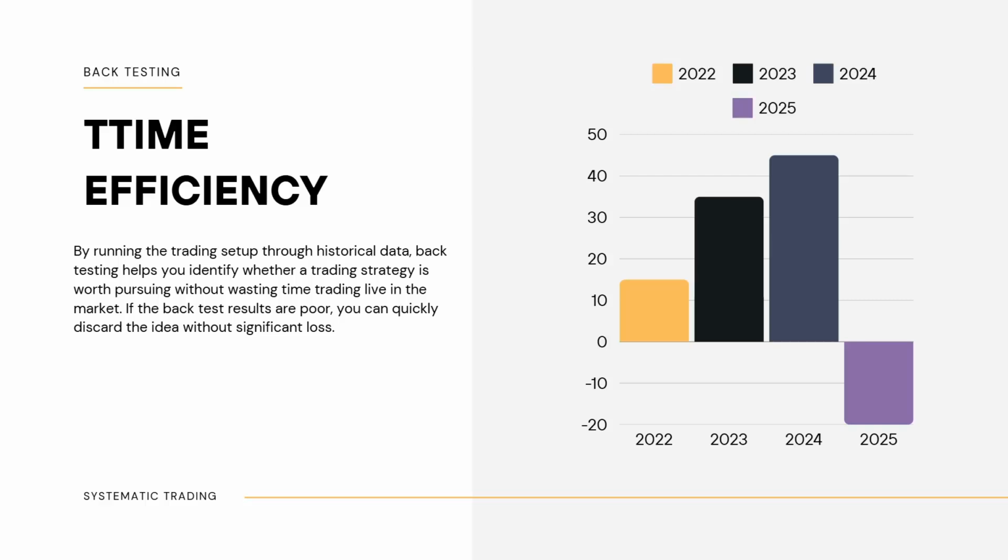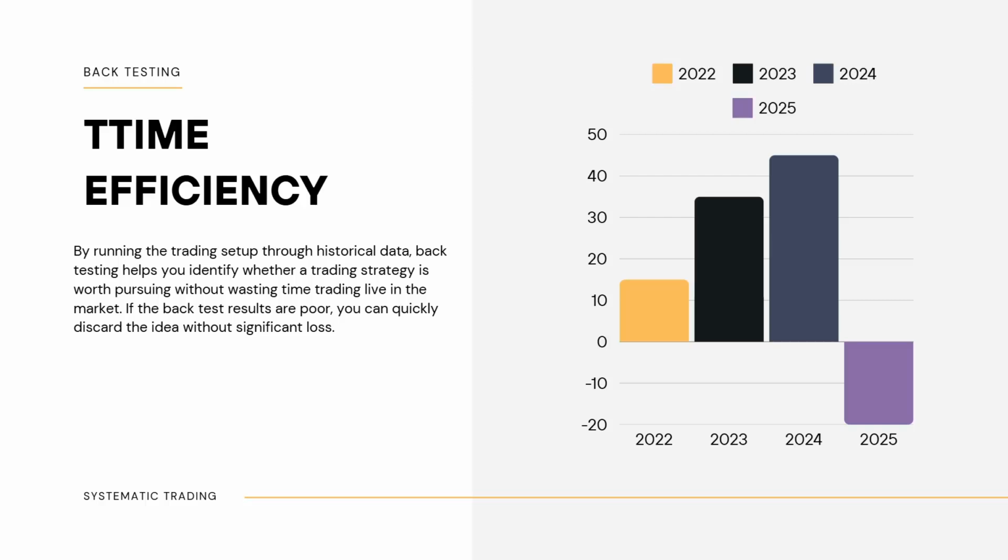But suppose your trading setup in backtested data is showing, just for example, you can see over here in the charts, in 2022, it's giving you a return of maybe 15%. 2023, it's a bull rally, it's giving you maybe 35%. In 2024, where it's a blow-off rally, it's giving you maybe 45%. So you see 3 years of consecutive rise in profits and you're very happy.